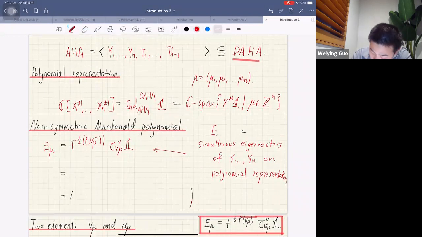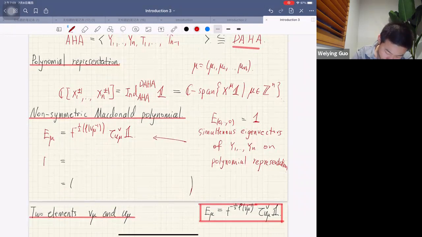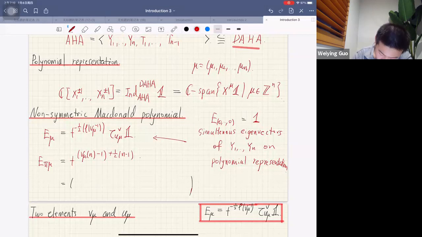Namely, it's given that with mu equals 0, 0, 0, the non-symmetric Macdonald polynomial E_{0,0,0} is just 1. And we can recursively or inductively define E_{pi mu}, which will give us t to the minus v mu n minus 1 plus a half, n minus 1, tau pi check acting on E mu.